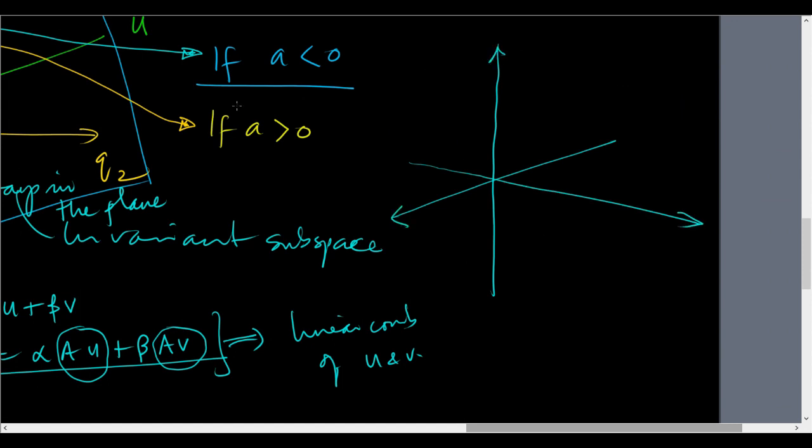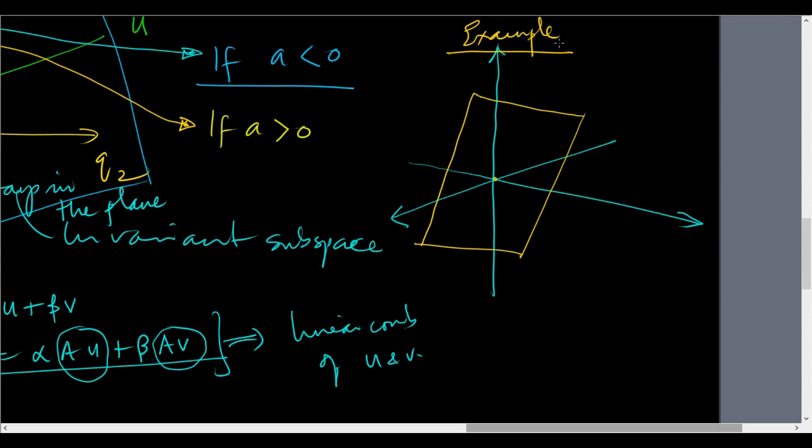You may have one invariant subspace like this, let us say lambda equals 1 and lambda equals minus 0.3 plus minus i.